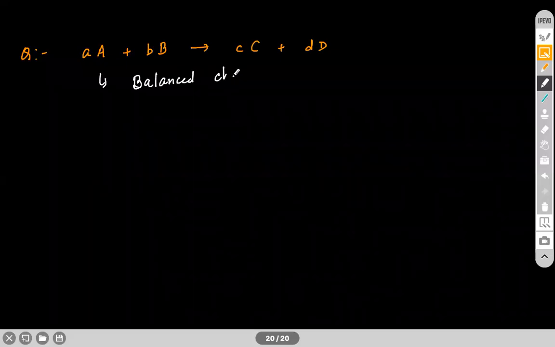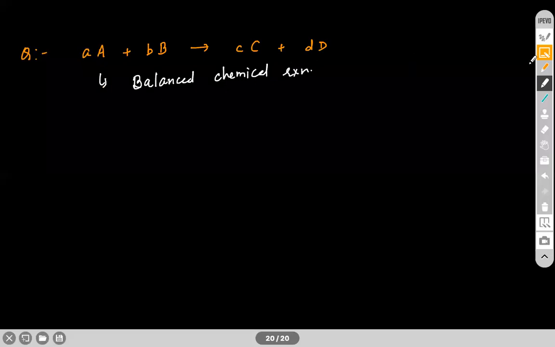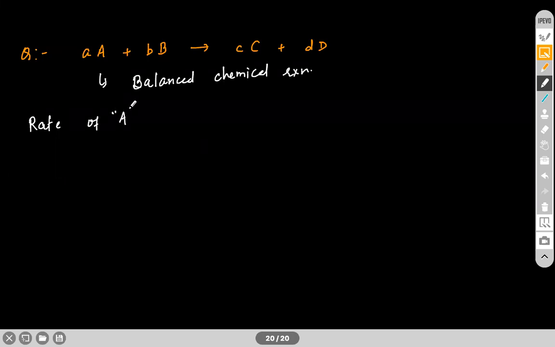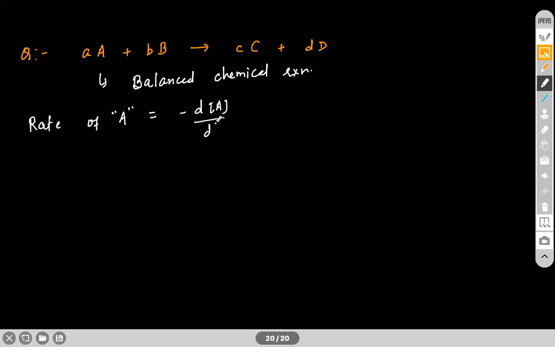So the rate of A, what can we write? What is the rate of A? Minus the concentration of A divided by delta t.